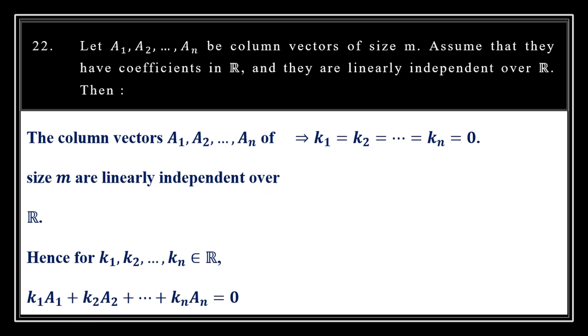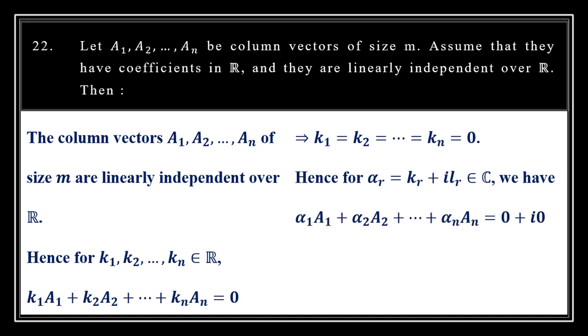And so, for complex coefficients alpha r equal to kr plus i lr, we have alpha 1 a1 plus alpha 2 a2 plus ... plus alpha n an, the linear combination of vectors a1 to an with complex coefficients, equal to the 0 vector in the set of complex numbers, that is 0 plus i0.